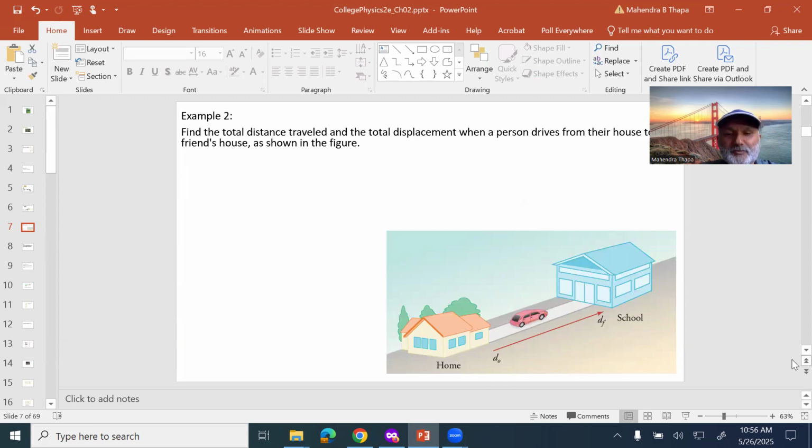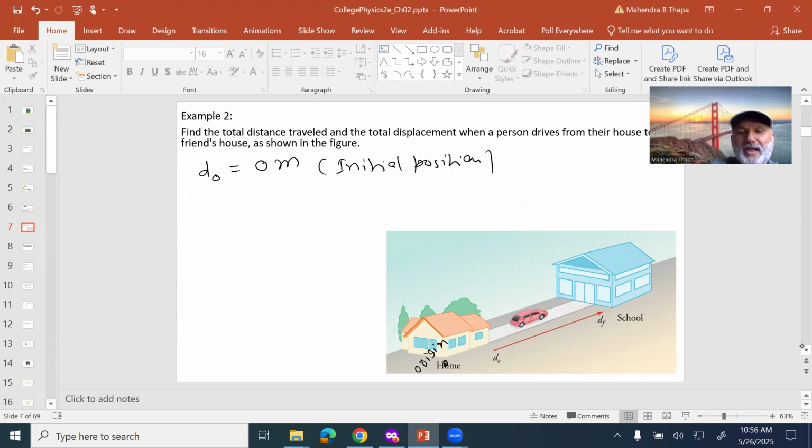Say this is the home. If I choose the origin here at the home, this is the origin. So let's take the origin, the starting point, as the home. So the initial position, x initial, is equal to 0 meters. This is the initial position.